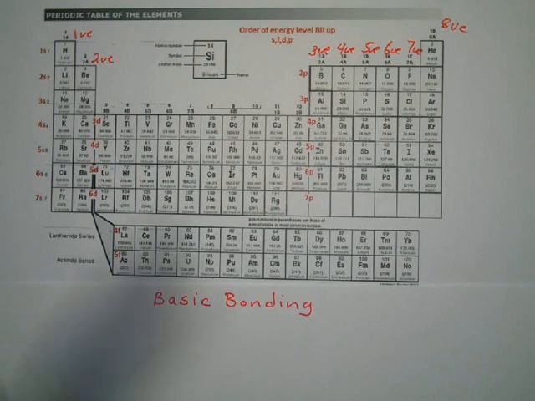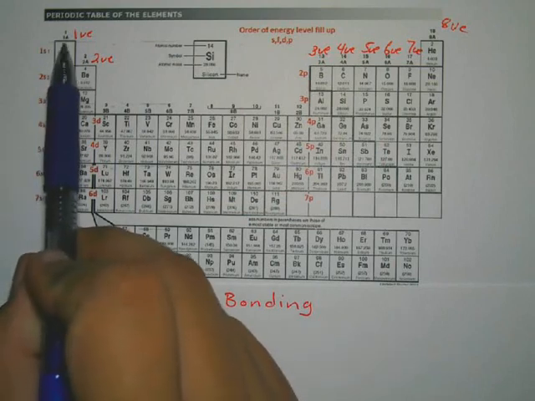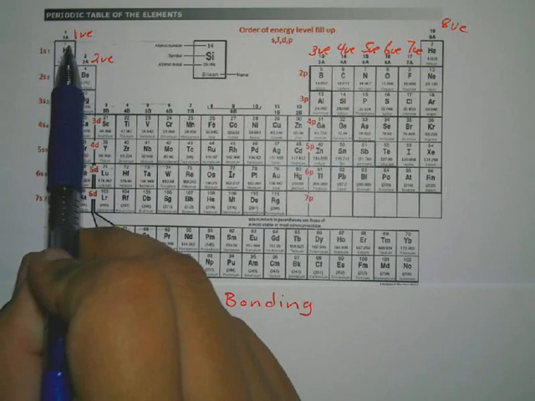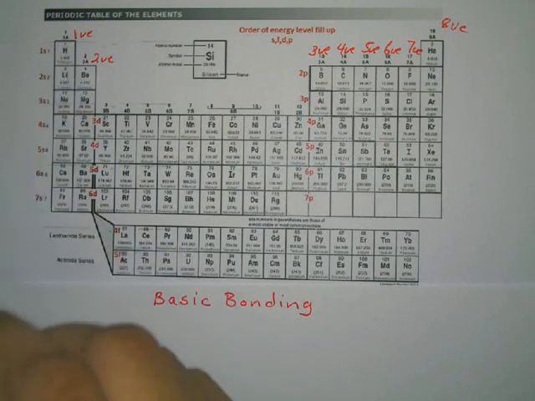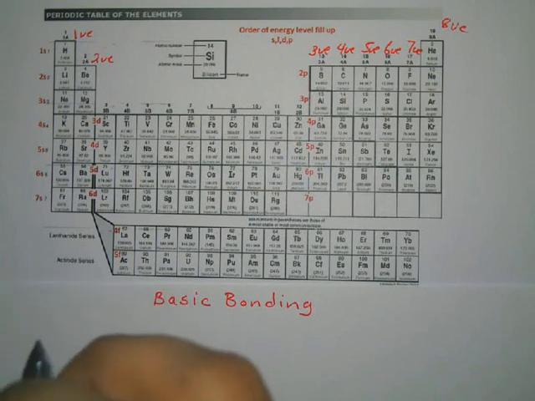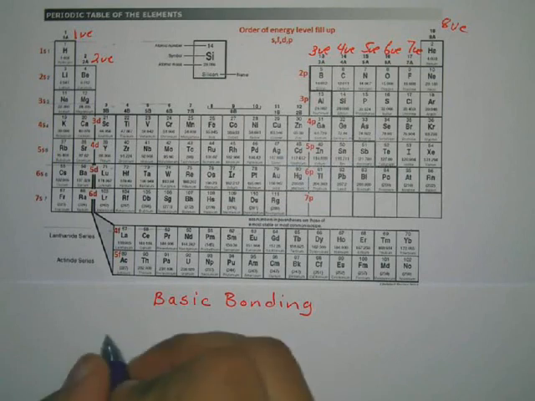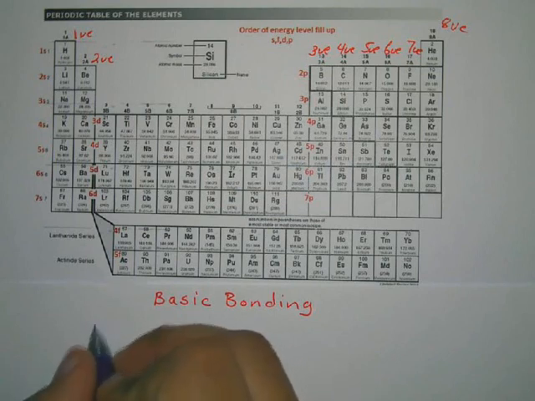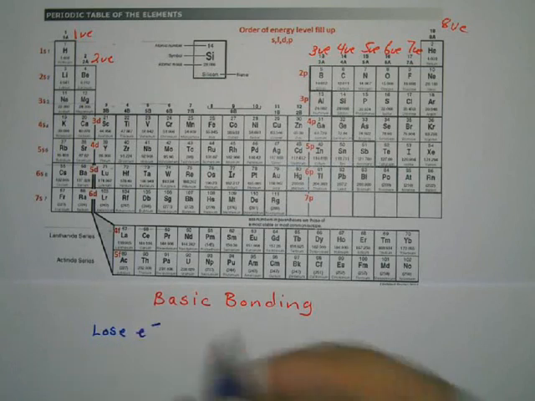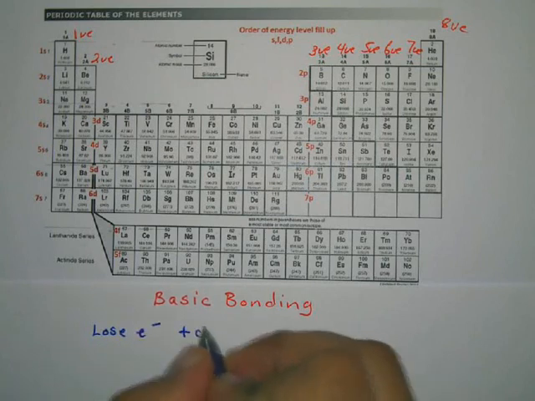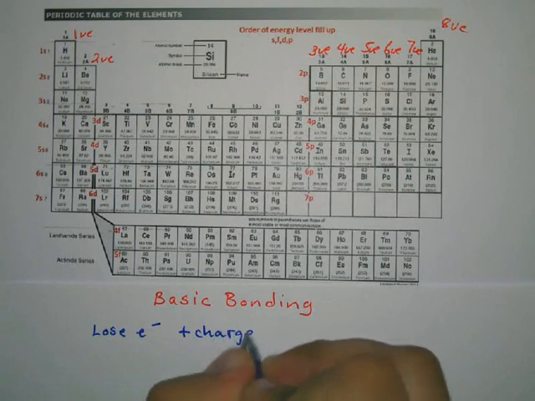So if you look at group 1, we know it's easier to give away that 1 electron than to try to gain 7 more. So I know he's going to give away that 1 valence electron. If you remember from last videos, when you lose an electron, you actually take on a positive charge, and you form a cation.